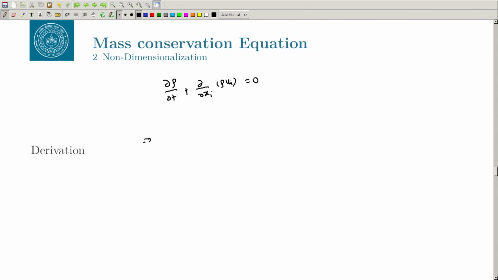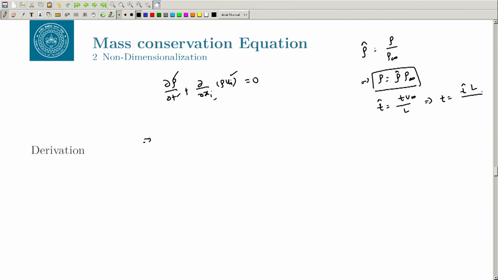Here I am trying to express all these rho, t, x, u, everything in terms of the non-dimensional quantities. Rho hat was rho by rho infinity, so rho can be written as rho hat rho infinity. Similarly, t hat was t u infinity by L, so you can write t as t hat L by u infinity.